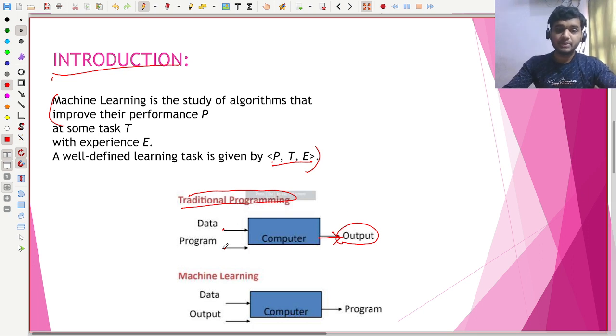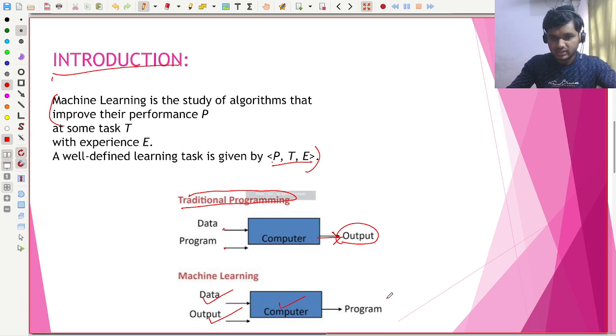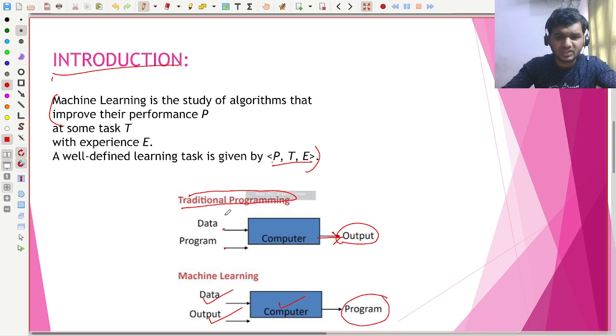In machine learning, you give data and also give output to the computer, and the result is a program. So in traditional programming, you give data and a program gives output. In machine learning, you give data and output, and it gives the program.